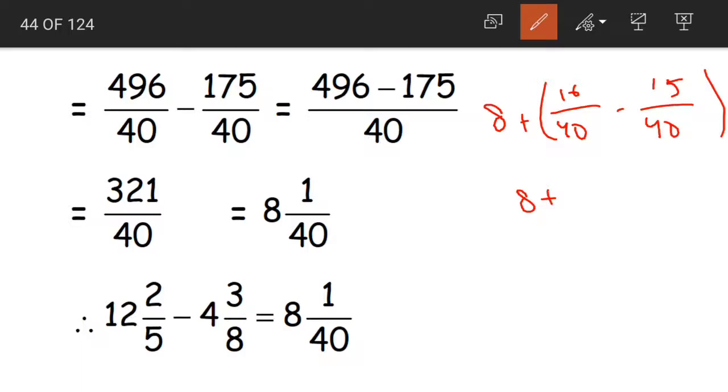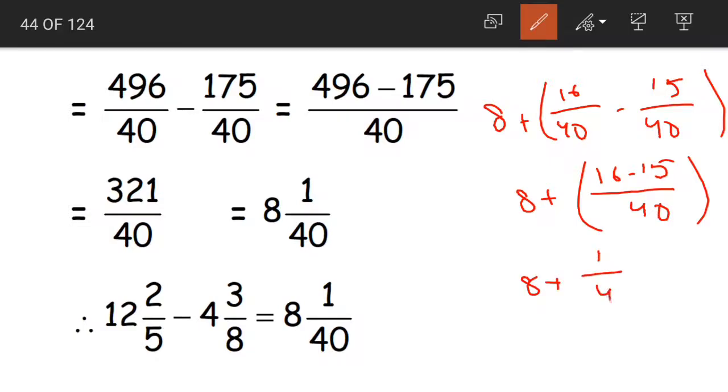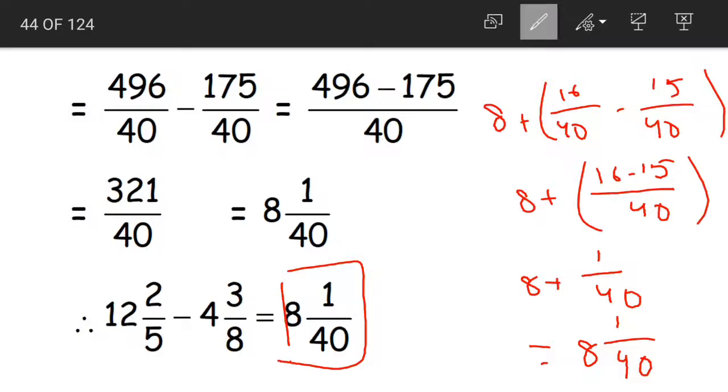How will we subtract these two like fractions, children? 16 minus 15 by 40, that is equal to 16 minus 15, 1 by 40. That is nothing but 8 1 by 40. See, even here we got the same answer, that is 8 1 by 40.